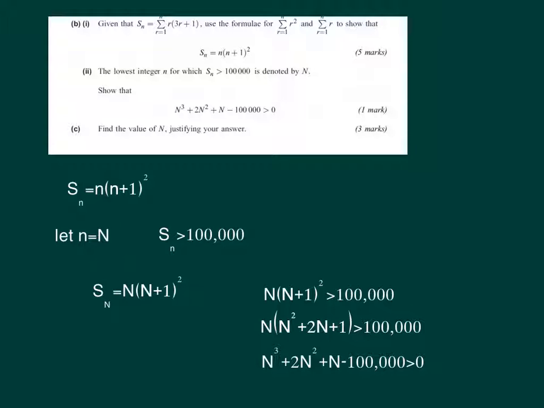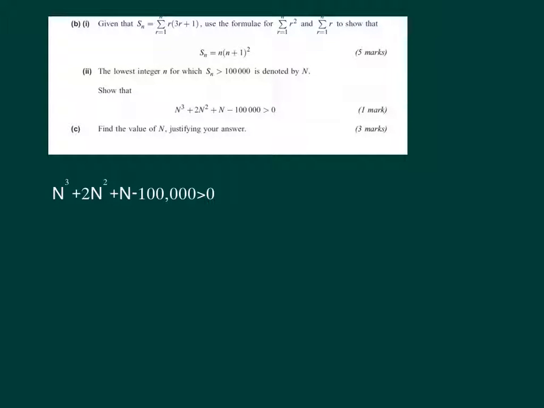So just to recap a bit what we've done there, in terms of the question, big N is basically the smallest top value for our sum. If we added up all those terms in that sequence, N is the smallest number of terms that we add that would give us a sum greater than 100,000.